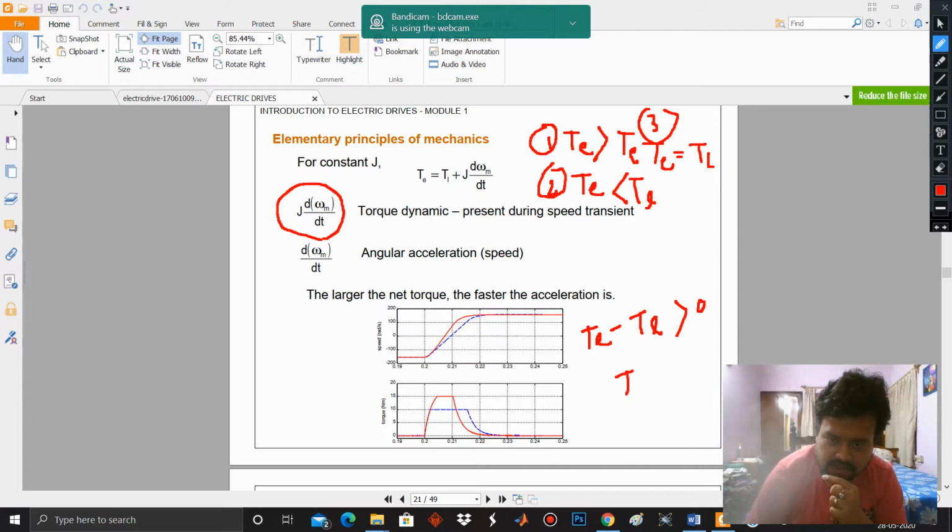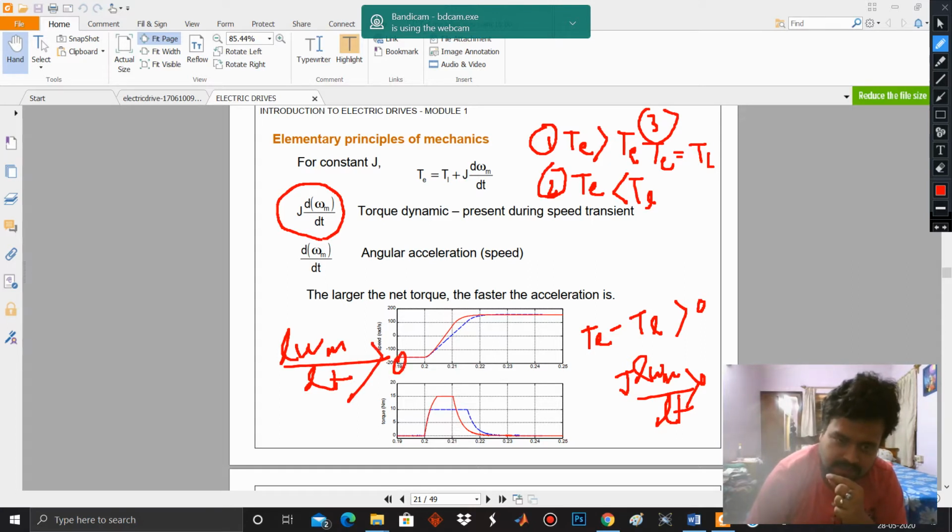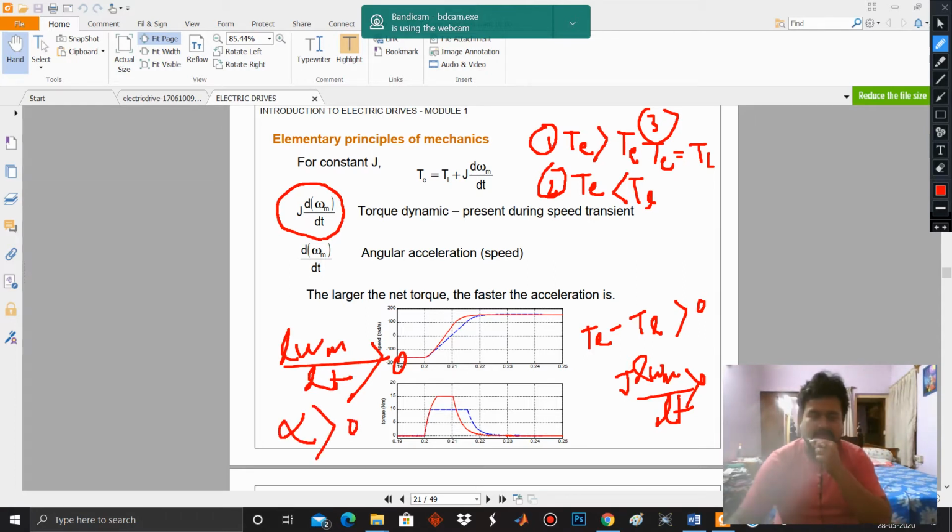That means J d omega m dt is greater than 0, so d omega m dt is greater than 0. What is d omega m dt? This is the angular acceleration. That means alpha is greater than 0, so I can say that the rotor is accelerating.